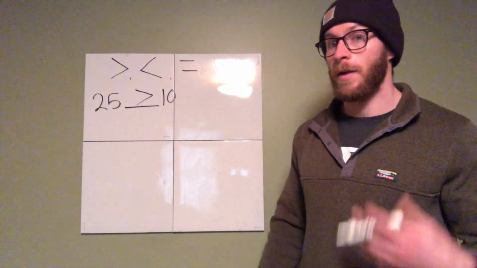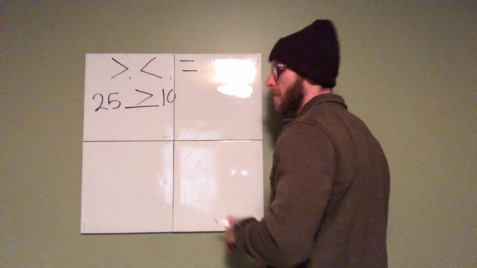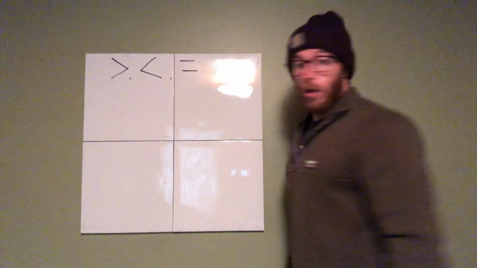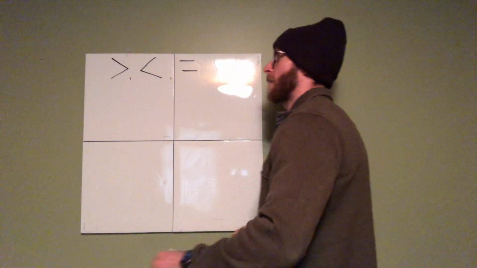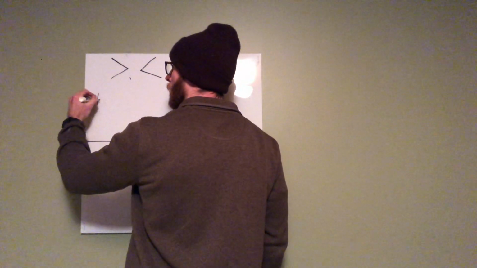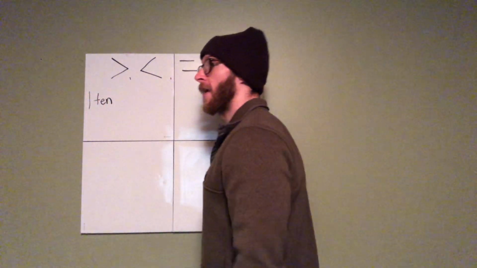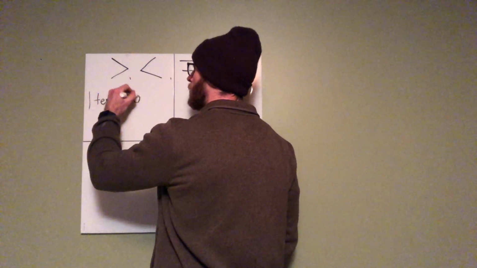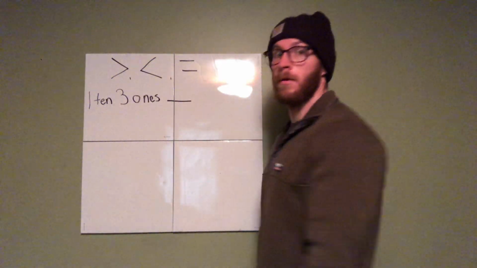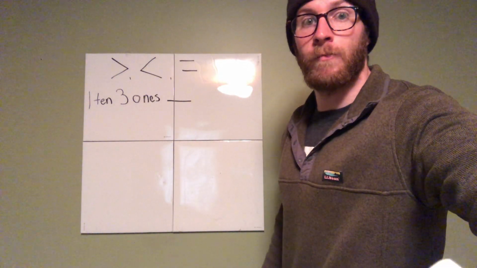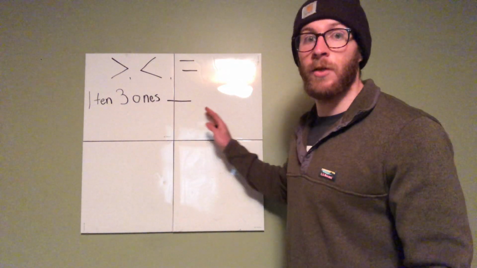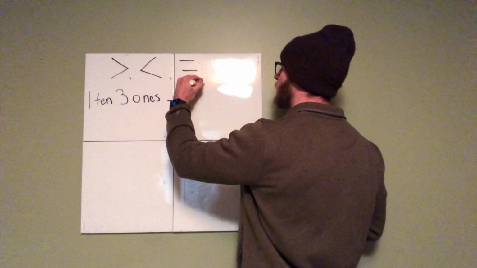Now another example. Let me erase this so we don't get confused. You might see a question that says 1 ten and 3 ones, then a blank, and then, sorry, I'm running out of battery, the number 15.